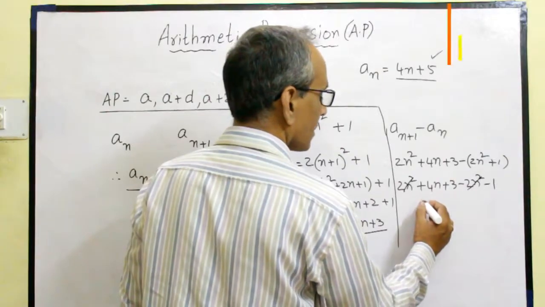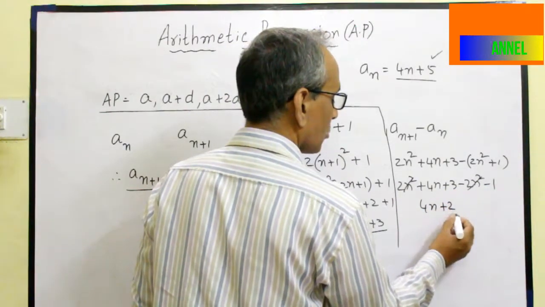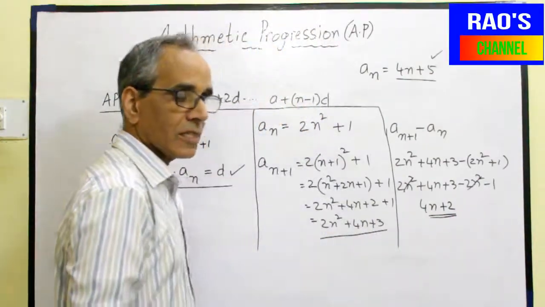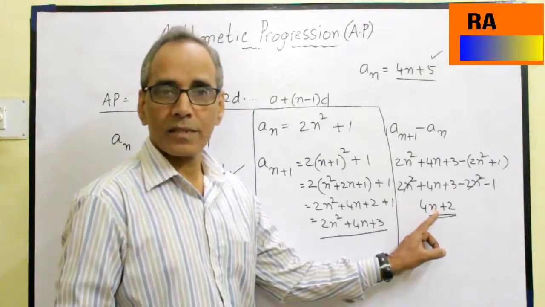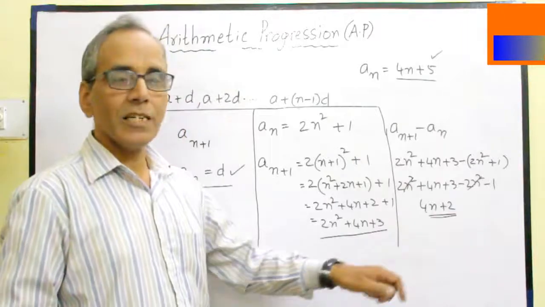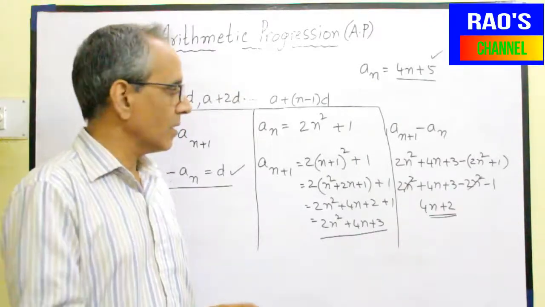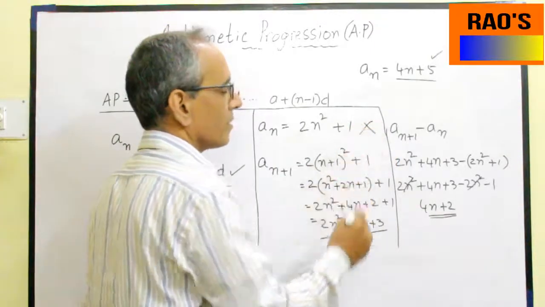What remained is 4n plus 3 minus 1, which is 4n plus 2, which is not a constant, not a fixed value, it is dependent on n. Whenever you get a result that is not an independent term, that is a constant, we say it is not in AP.